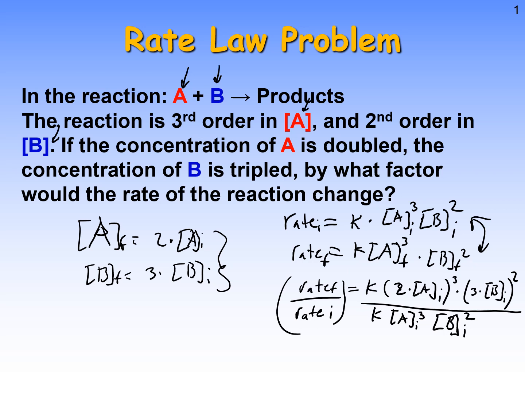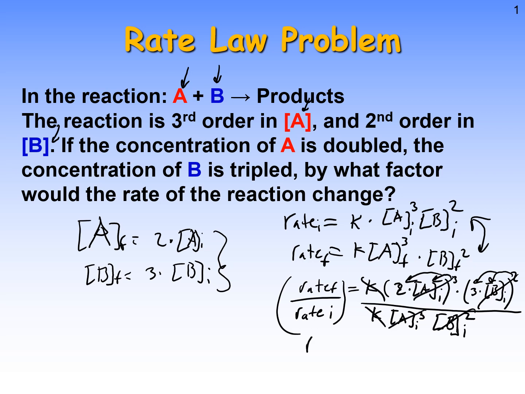Now, we notice the k's didn't change, so they just cancel out. These exponents distribute in. Which means I have B initial squared here, that cancels, and A initial cubed, that cancels.